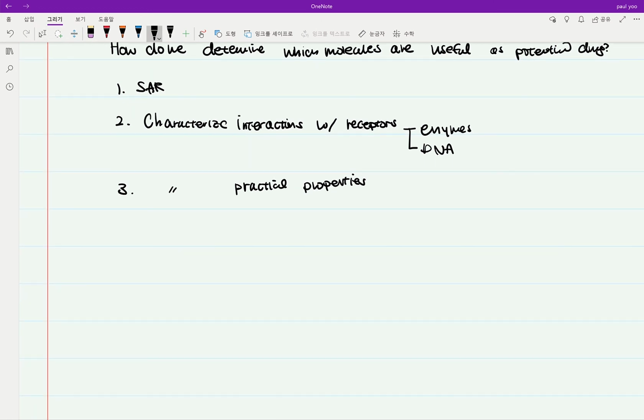Practical properties include ADME-tox, and these are referred to as pharmacokinetics. Pharmacokinetics, ADME-tox, very important.